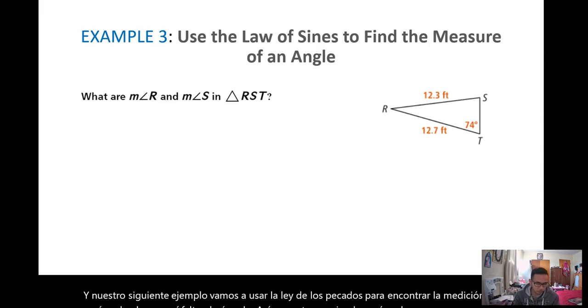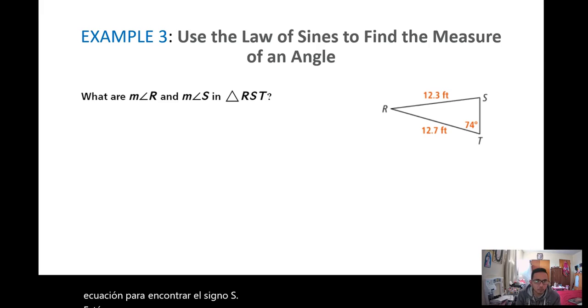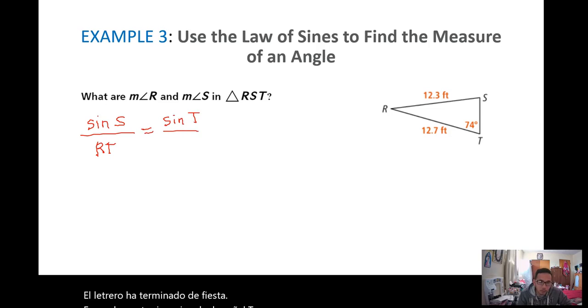First, we have to use the law of sines to write and solve an equation to find the measure of angle S. So I have sine S over RT, that's the opposite, is equal to sine T over the opposite, which is RS.